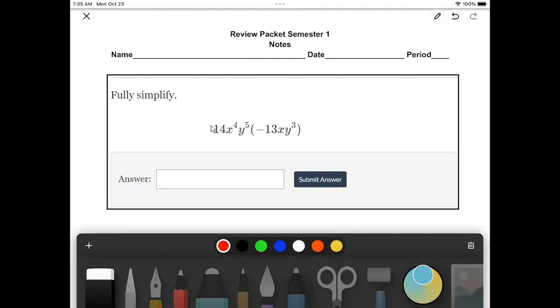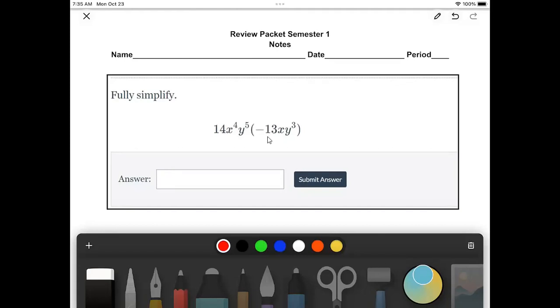So when you see something like this, you're basically just going to multiply the two numbers. That's going to be 14 times a negative 13. And then you're going to take anything that has the same base and add the exponents.